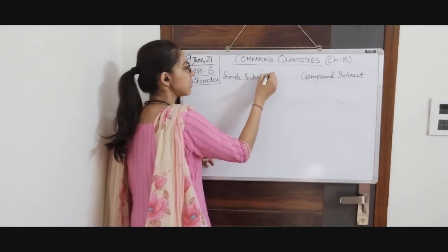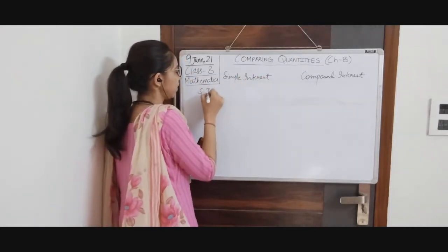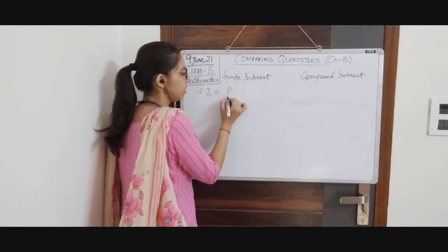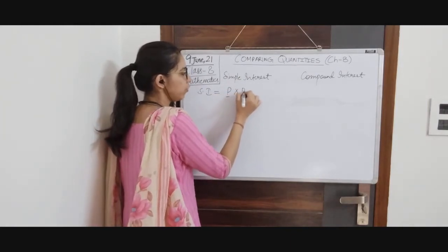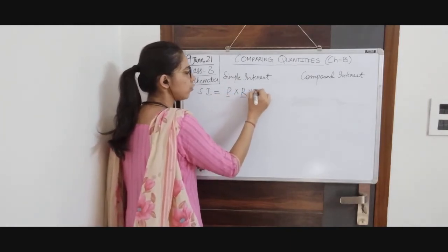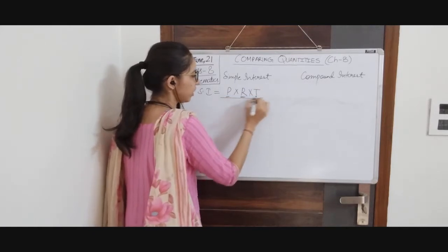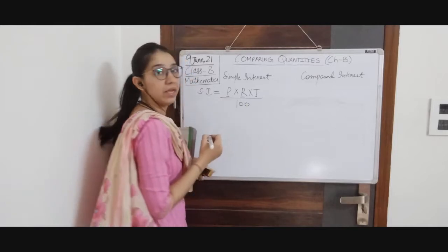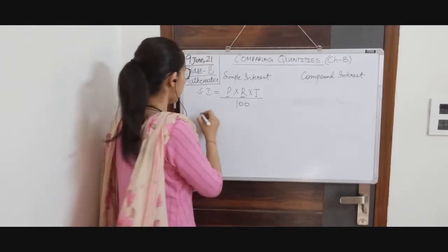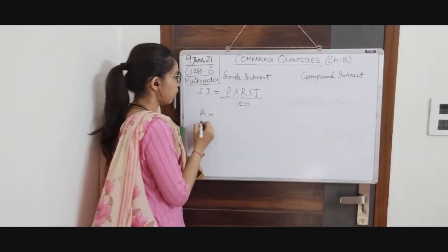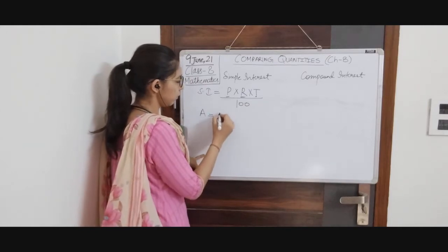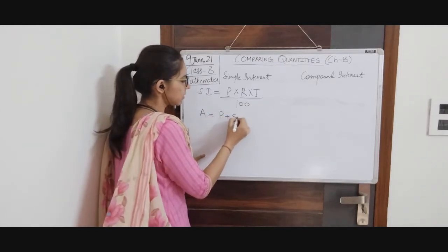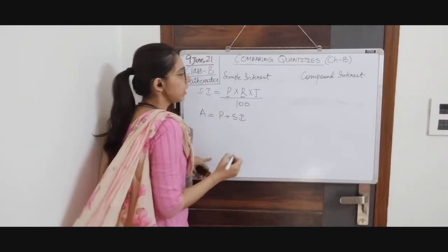Simple interest, if you remember, is equal to principal into rate percent R into T, the time period for which the rate is applied, divided by 100. Okay? Then the amount after applying simple interest will be principal plus simple interest.